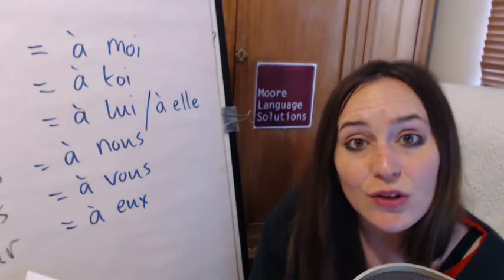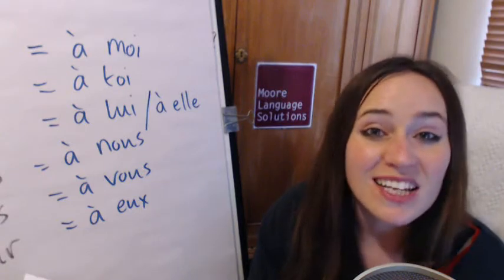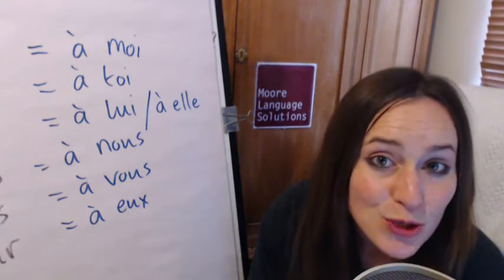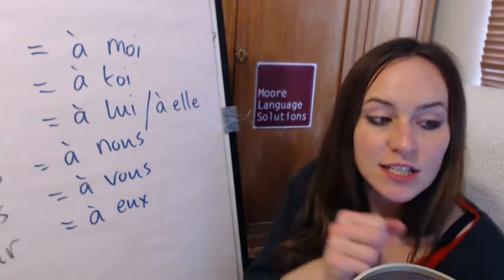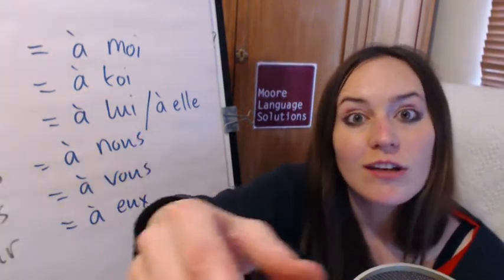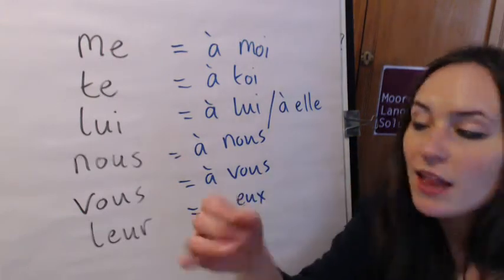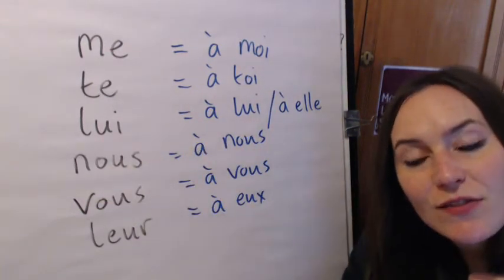I'm buying some flowers for Sarah. Je lui achète des fleurs. So if I'm buying some flowers for Sarah, for her, then I can replace pour elle with lui. Je lui achète des fleurs.